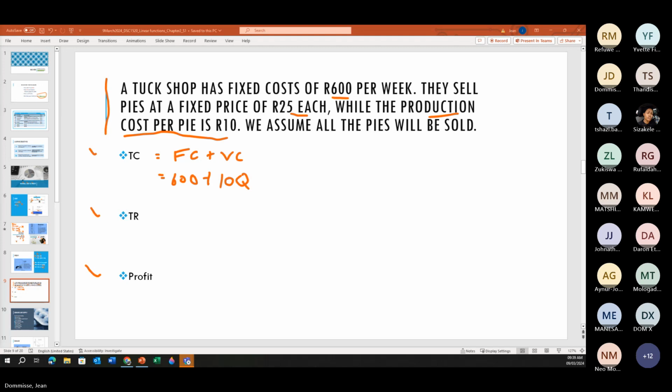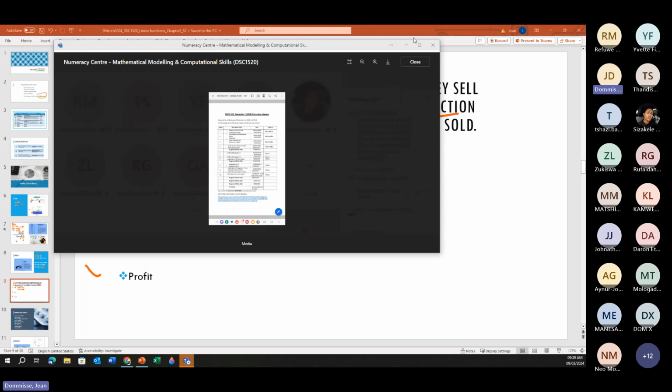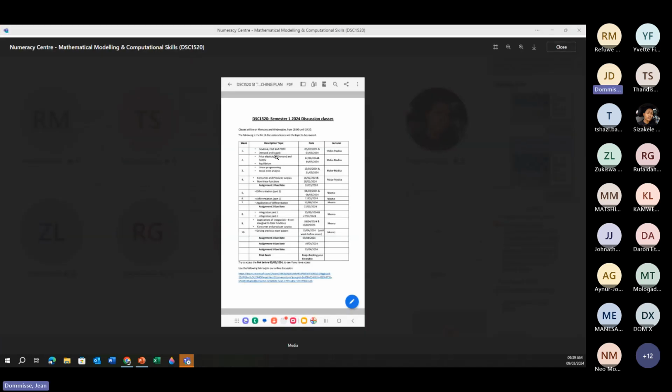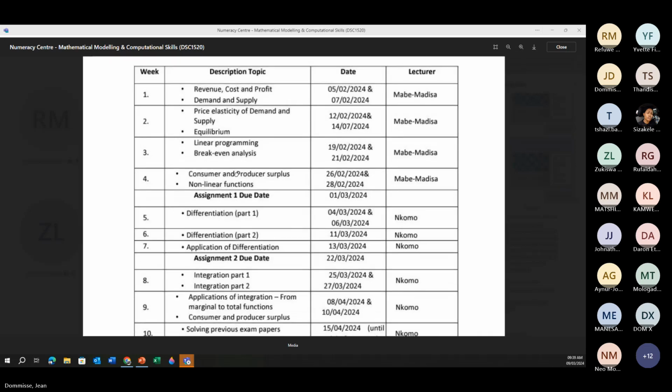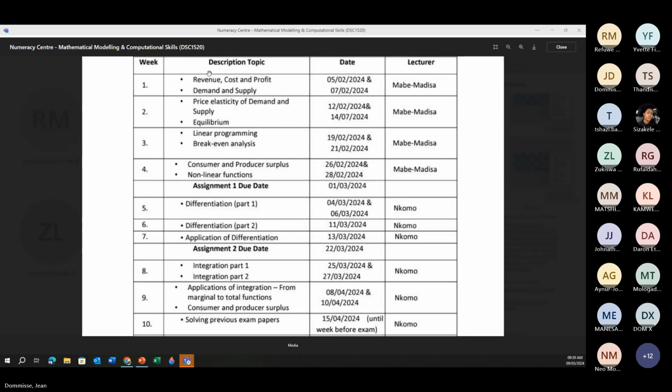Let me see if I can quickly move this over to the screen. Hopefully you can still see this. We are covering this and this topic today. Okay, so I see assignment 2 is 22 March, so we're way behind.